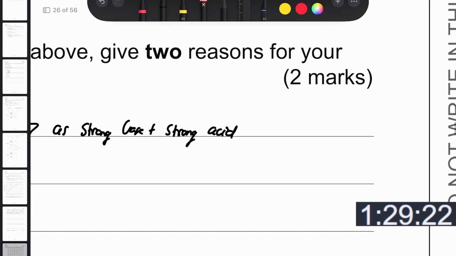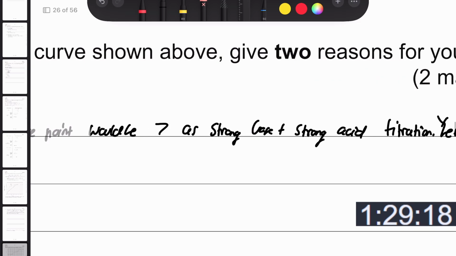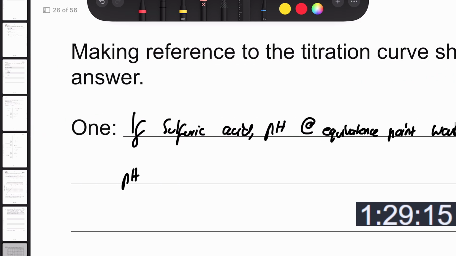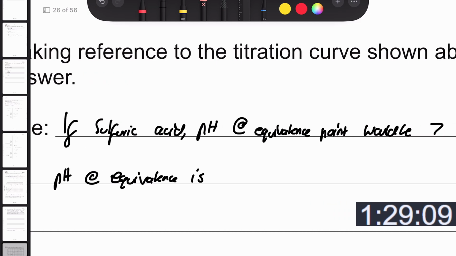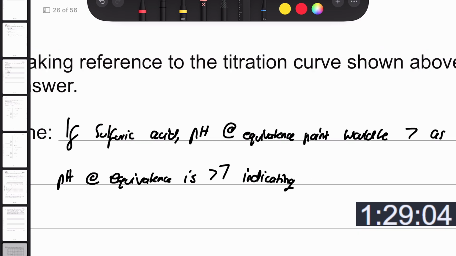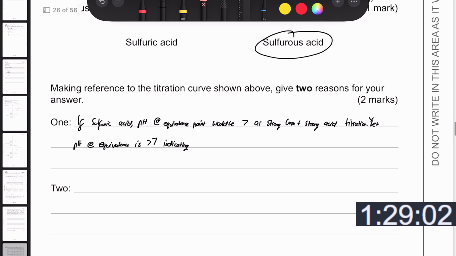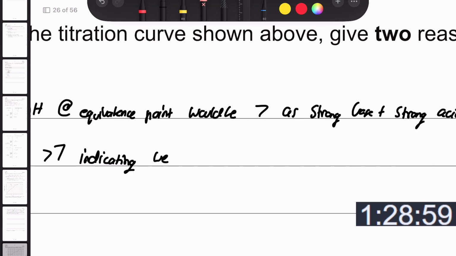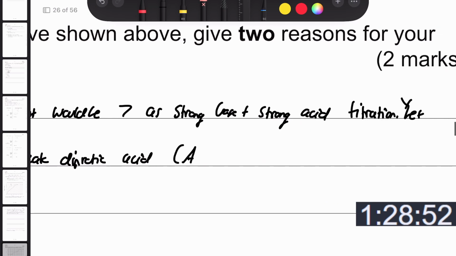Diprotic acid. pH at equivalence is basic. It's greater than 7, indicating weak acid, as the salt produces basic.